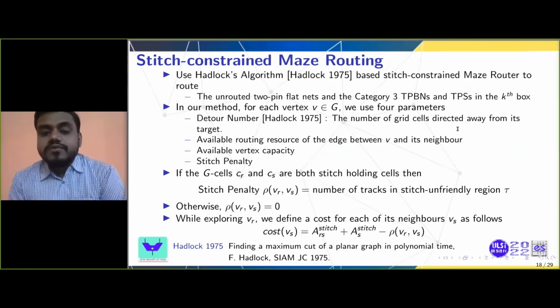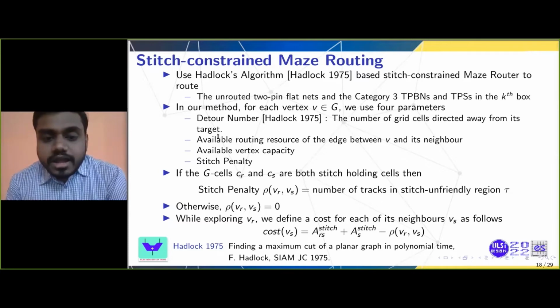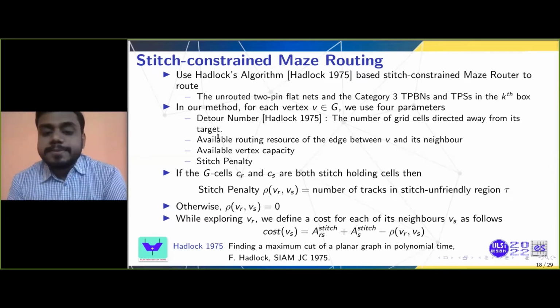In our method, we use these 4 parameters, which include the stitch penalty, and assign a cost to each explored vertex during the exploration phase. We have defined the cost function as shown in the slide. And in the retract phase of our mesh routing, we find the path with minimum total cost.